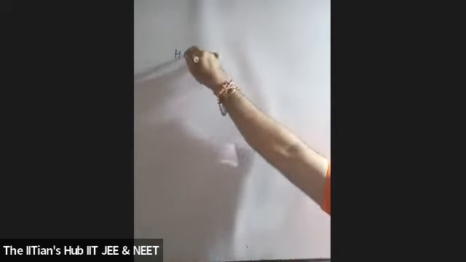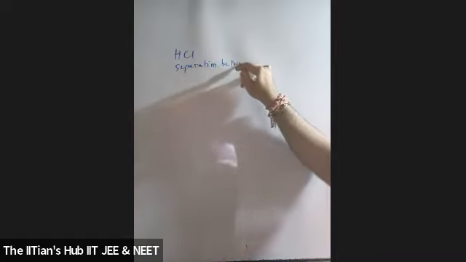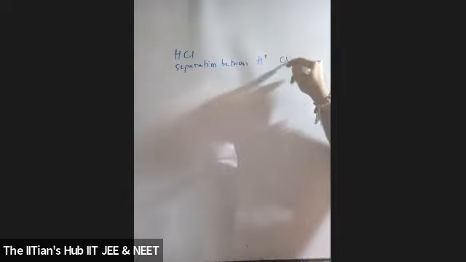Okay, students, now please understand this part. I'm giving you certain questions. Please try to give answers and try to get them correct. This is a question given to you. In an HCl molecule, a molecule of hydrogen chloride, the separation between the nuclei of hydrogen and chlorine atom is 1.27 angstrom.